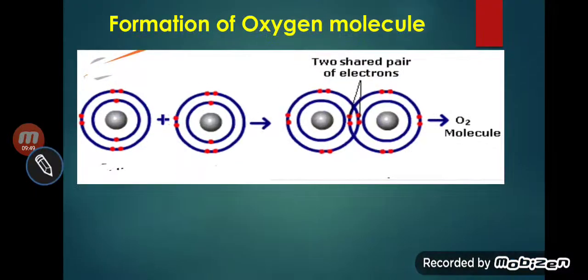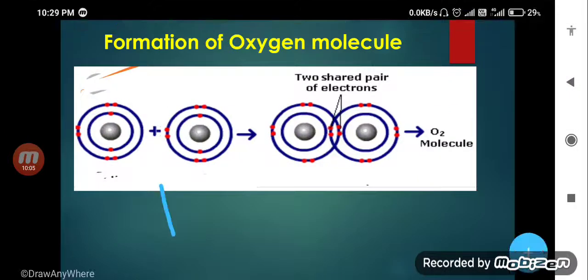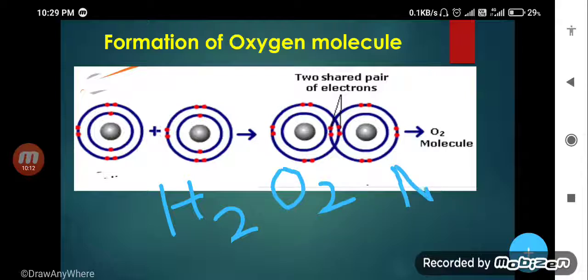And one more thing, exceptionally, except inert gases, all gases are present in molecular form. Like hydrogen gas, always you will find in H2 form, oxygen gas in O2 form, nitrogen gas in N2 form.